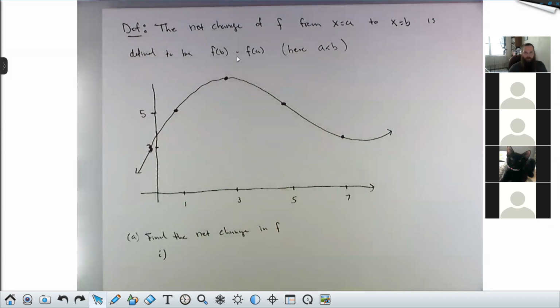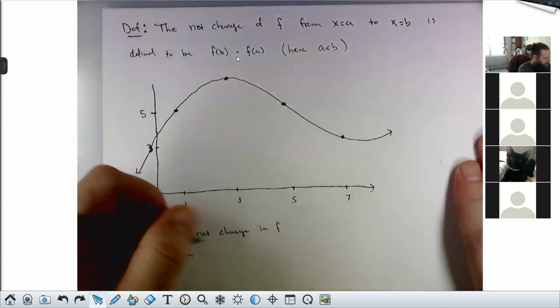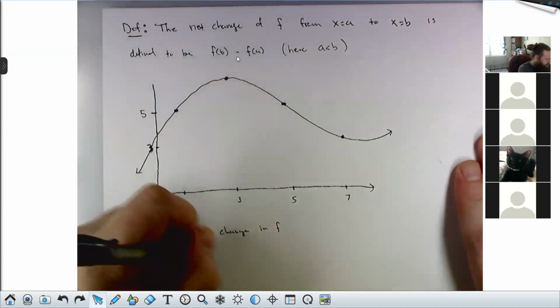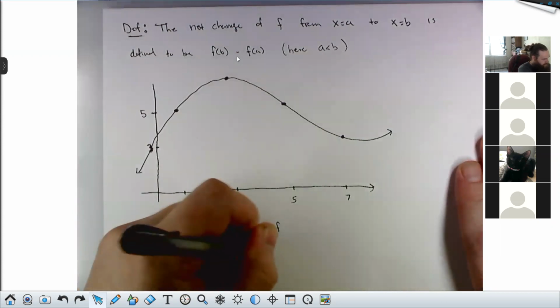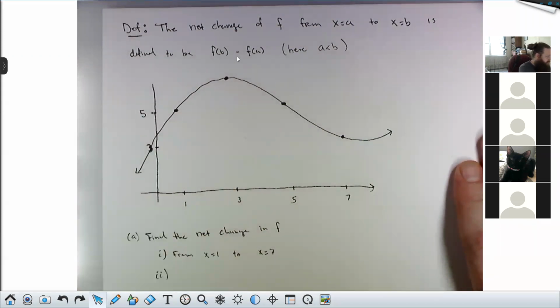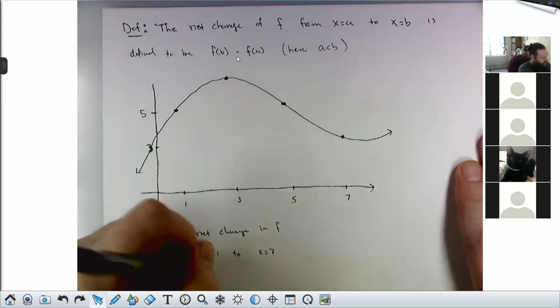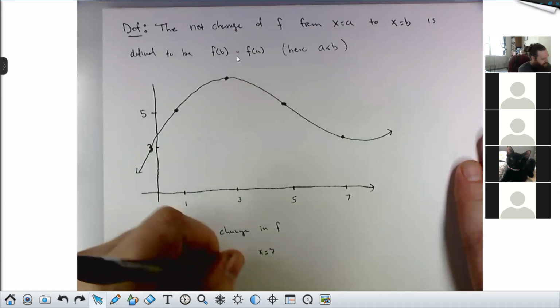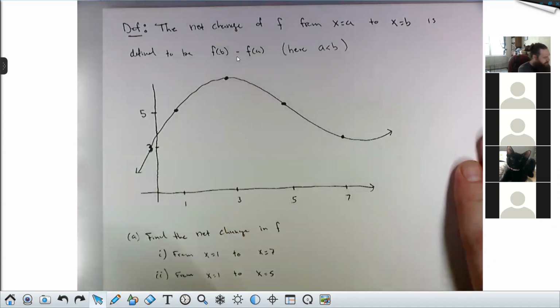Let's say from x equals 1 to x equals 7. From x equals 1 to x equals 5.